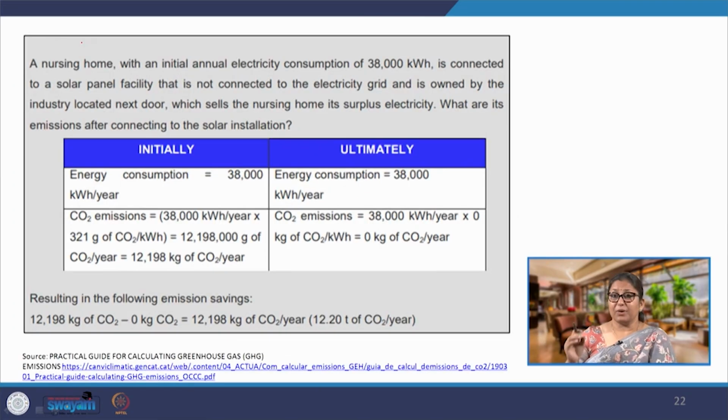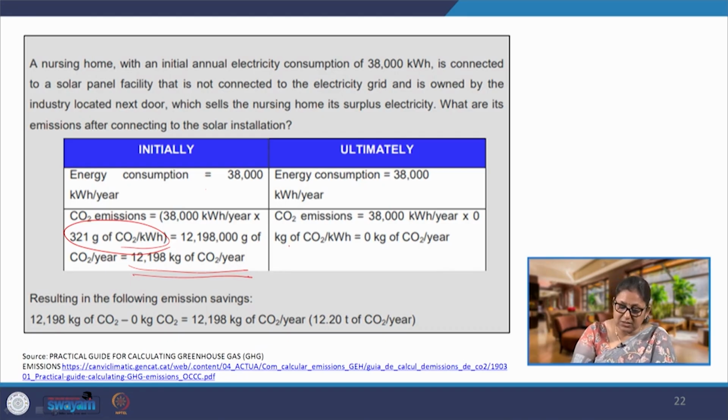We can look at quickly some examples. For example, there is this nursing home which is now connected to a solar panel facility that is not connected to an electricity grid, but it is owned by an industry and the industry is giving them the surplus energy. In that case, earlier the energy consumption was happening through electricity from the grid, and depending upon the emission factor, we would get some carbon dioxide.